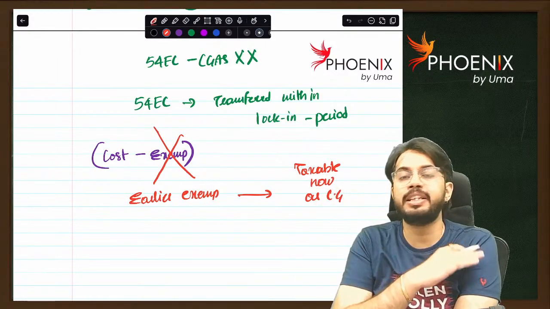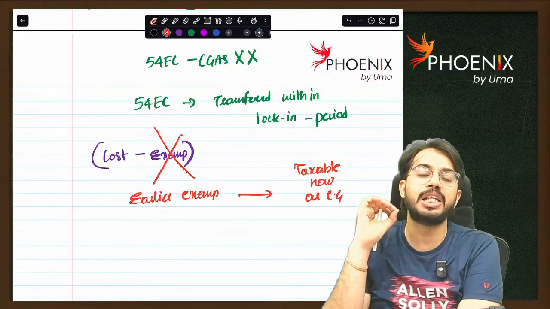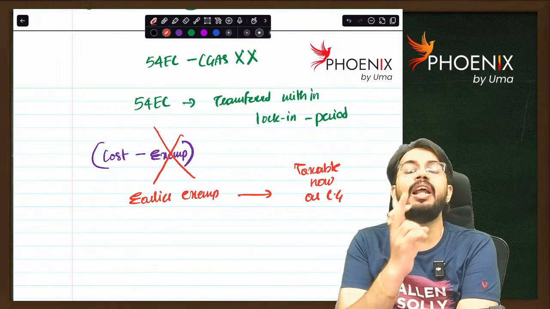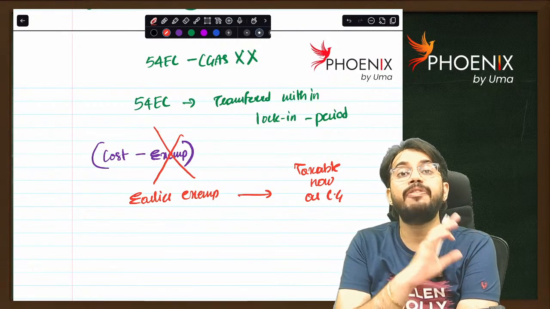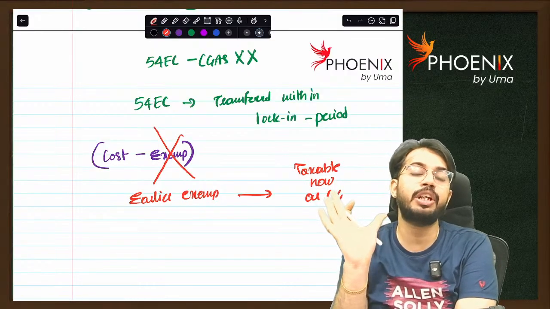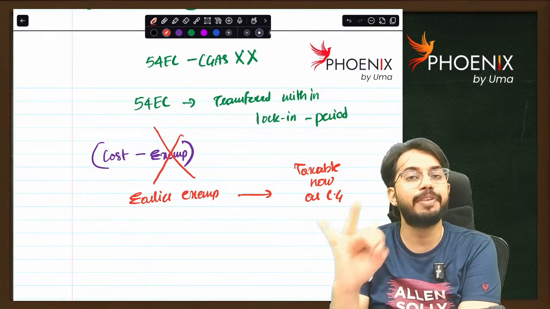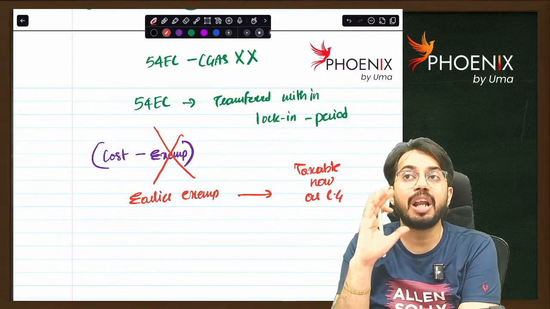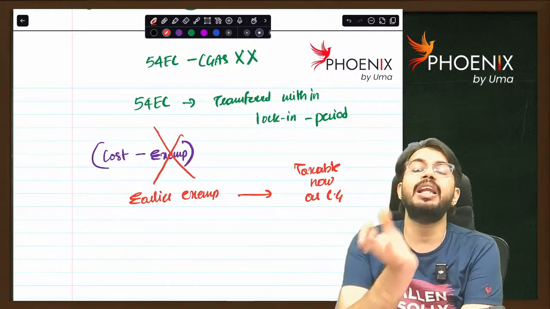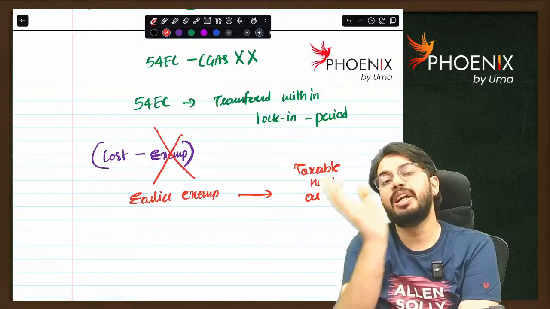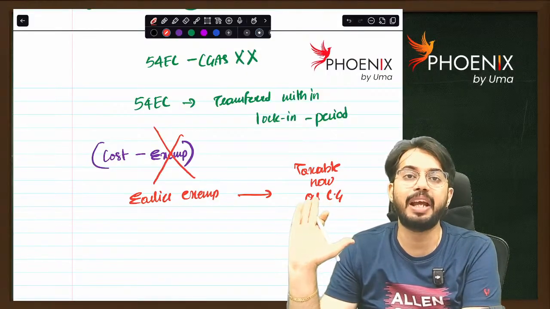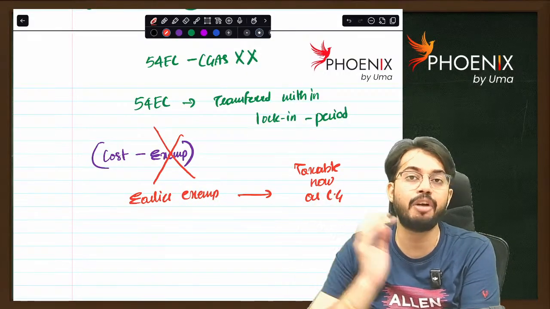Under the earlier 3 sections, if the new asset is transferred within lock-in period, earlier exemption claimed will be reduced from cost of acquisition on transfer of new asset. But for 54 EC and 54F, if you transfer within lock-in period, earlier exemption claimed will be reversed and taxable as capital gain in the previous year of violation.